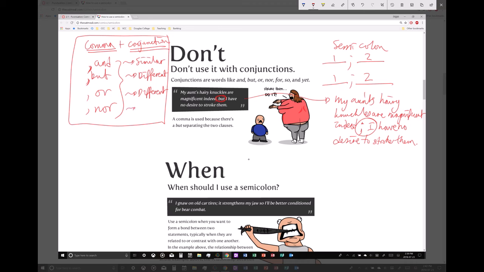And nor, it's two negatives. So with practice, you will be able to use both types. The semicolon rule for related sentences that you can connect together without conjunctions, and the comma rule with conjunctions to show a particular kind of relationship between the two clauses.